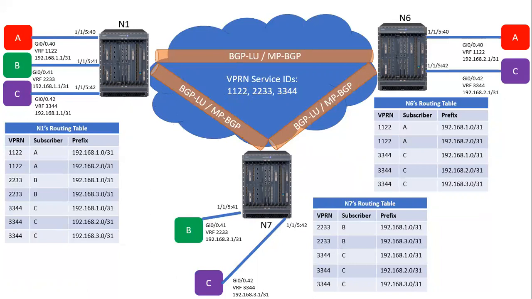So from the router's perspective and from the subscriber's perspective, it's only them in play. The provider edge router has no concept of other customer VPRNs or routes within other customer VPRNs. Again, that control plane data is kept completely separate, completely segregated.